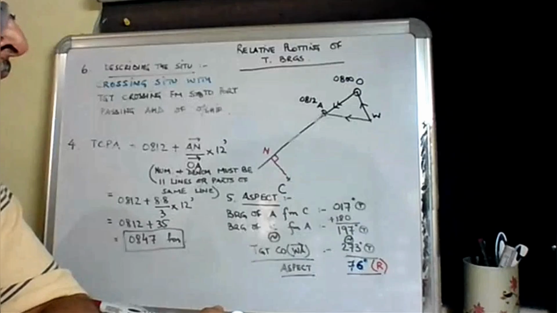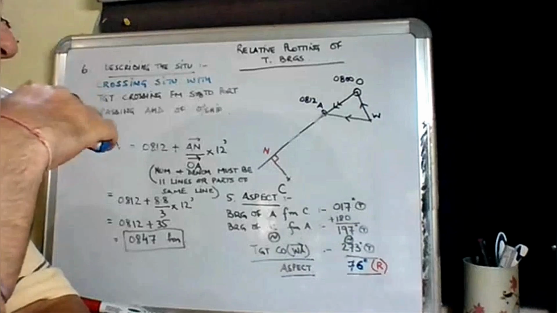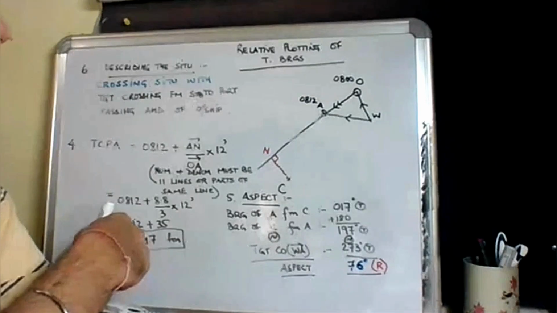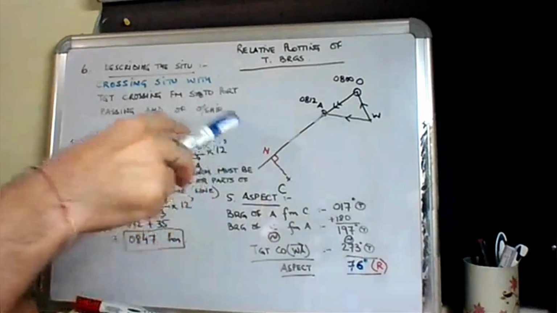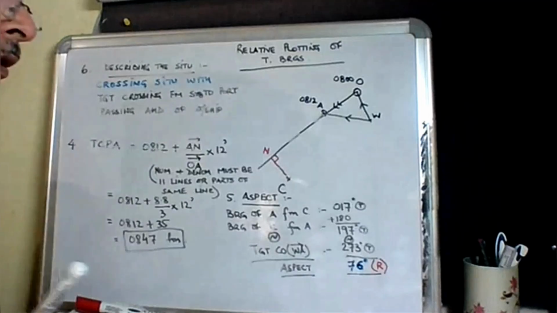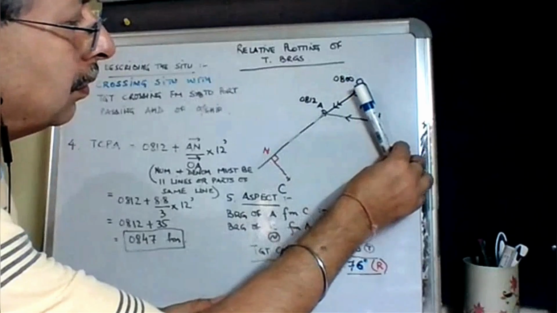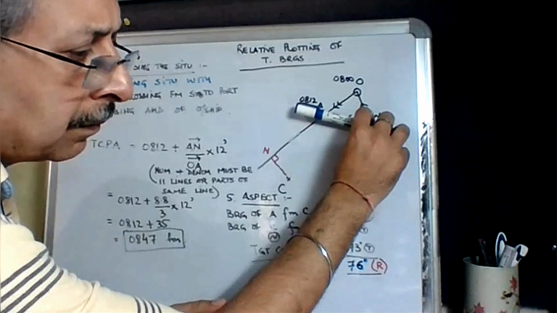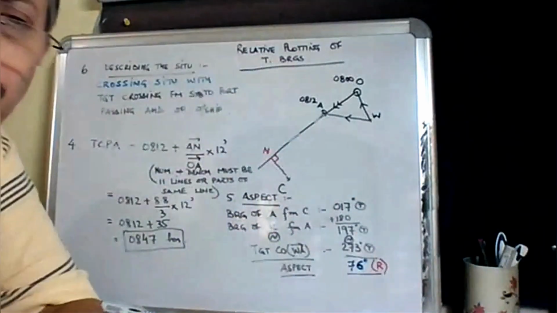Yes, any doubt so far? No, sir. So this is the basic standard. Now after this, we will be going into various things. If the target alters course, WA will become WA1.